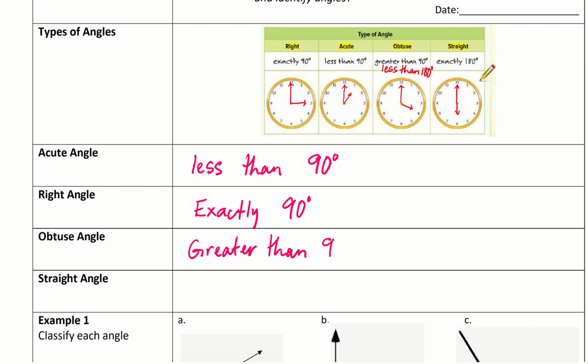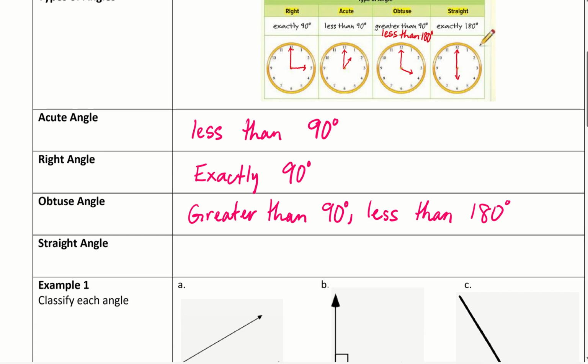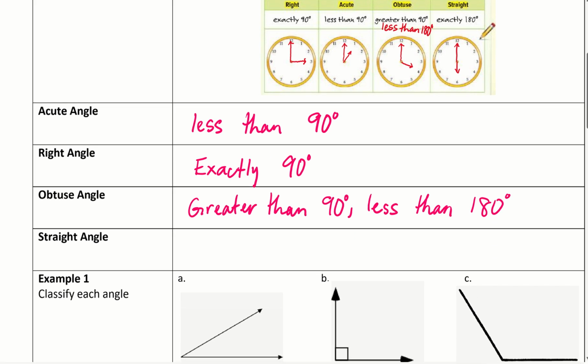But remember, it also needs to be less than 180 degrees. And then lastly, a straight angle, as we talked about, needs to be exactly 180 degrees. So it forms a straight line when you look at it.